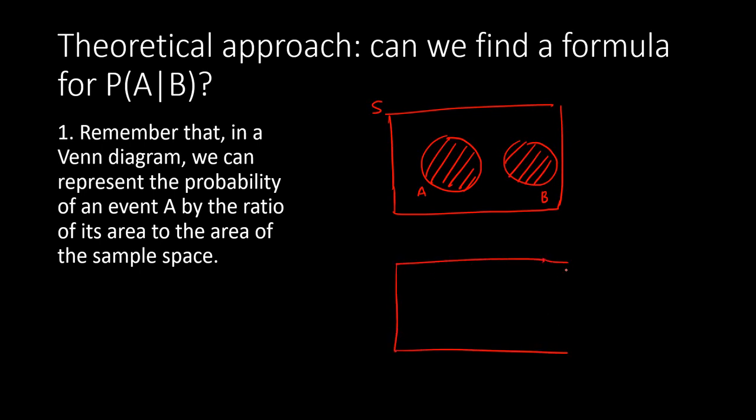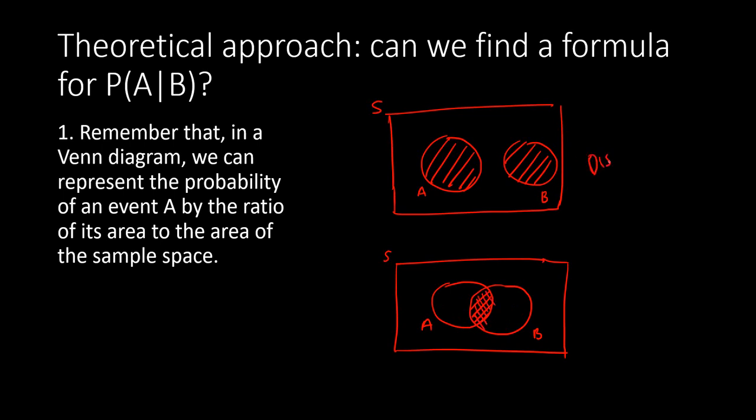And we can have another possibility given two events, right? Which is this one. This is event A, this is event B, and when they overlap, like in here, this is the case in which both events happen at the same time. Why? Because they share outcomes.